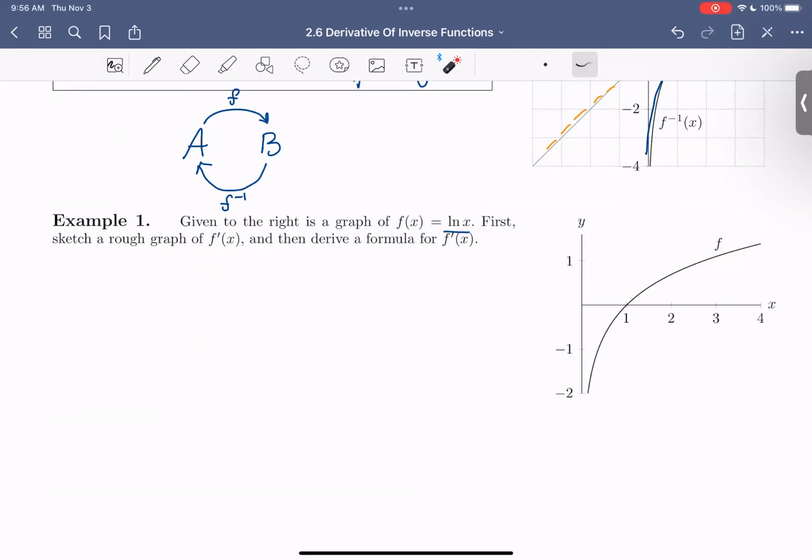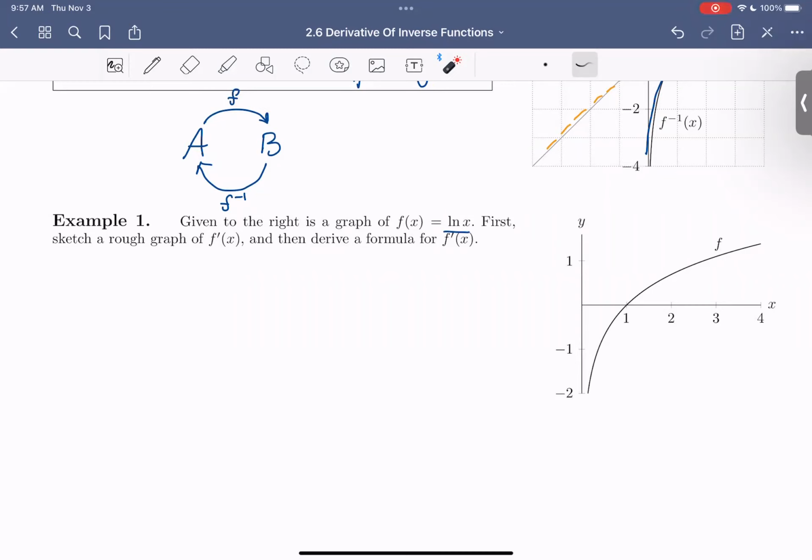If you need help getting started, one thing you can think about is, first of all, what will the sign of the derivative be at any point? Is it going to be positive or negative? So please pause the video now if you haven't already. After you've had a chance to do that, please continue on and we'll look together.